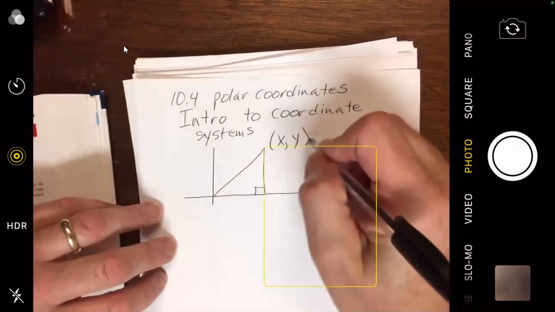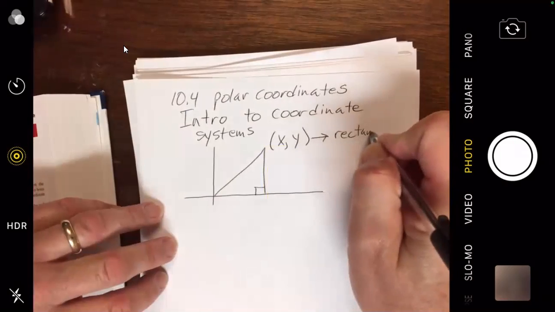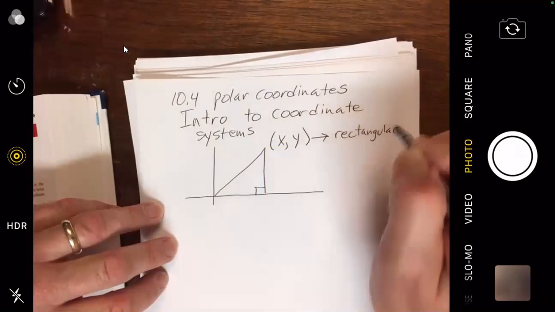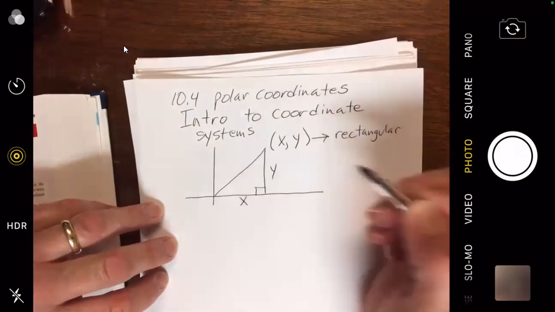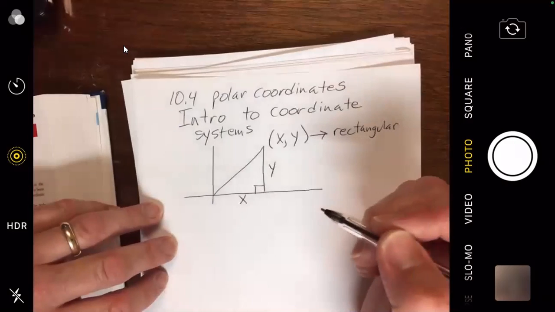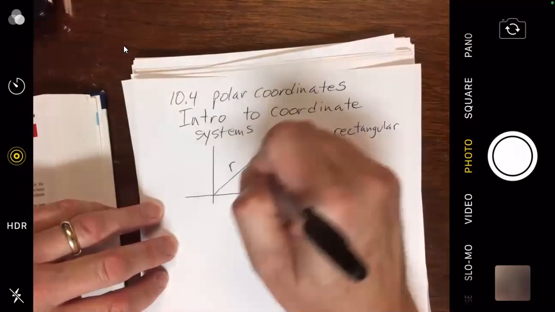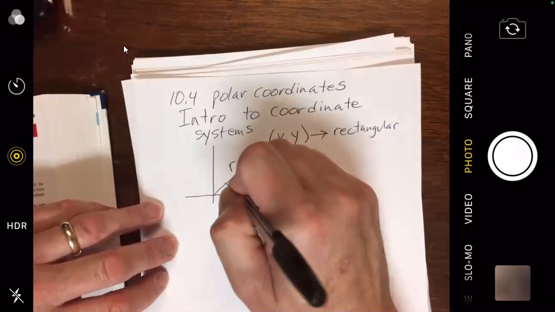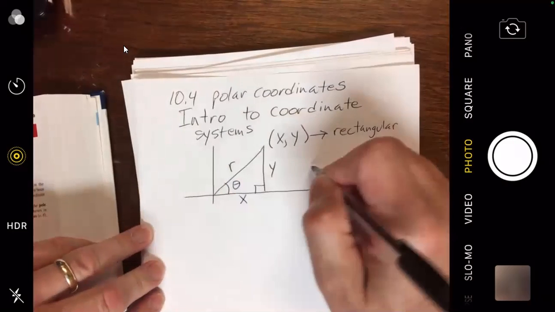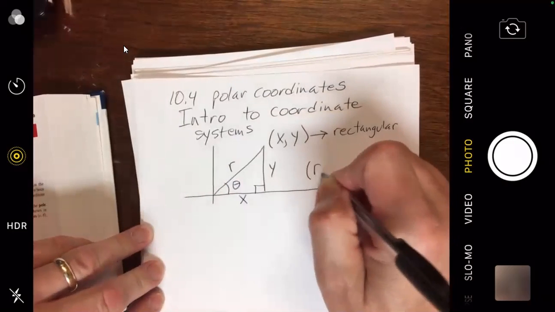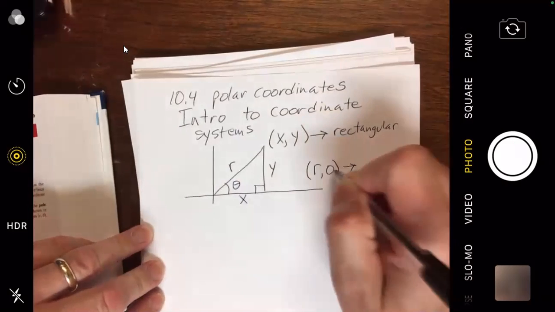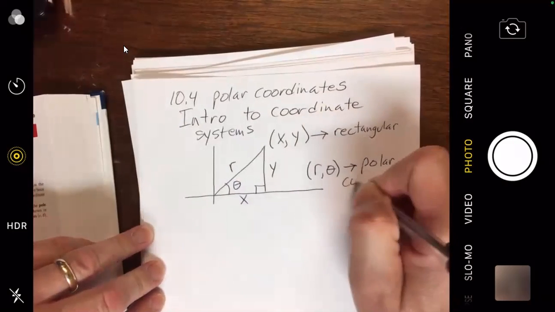This is called rectangular. And you can denote it by the sides of the triangle. You're over x and you're up y. But you also know there's a radius out and an angle that point makes. And the coordinates r then theta are called the polar coordinates.